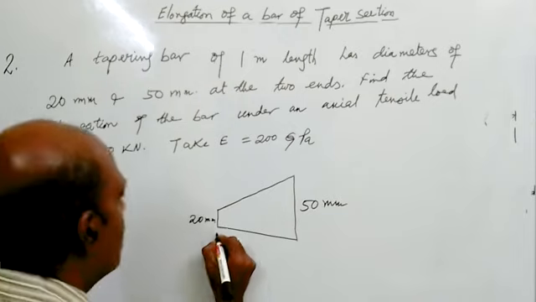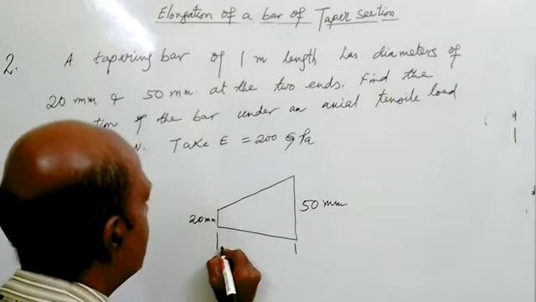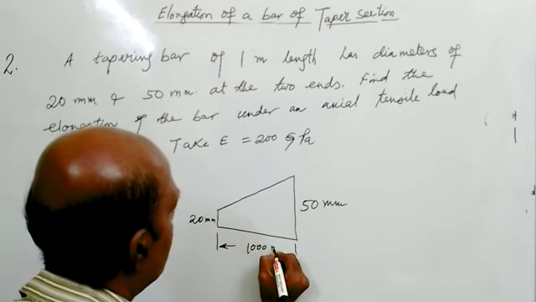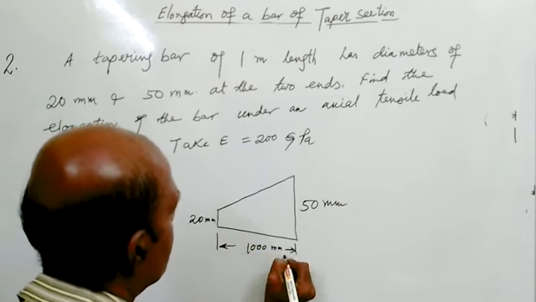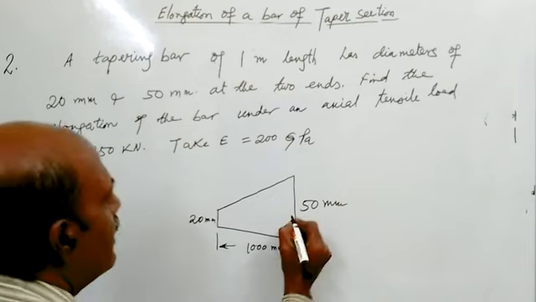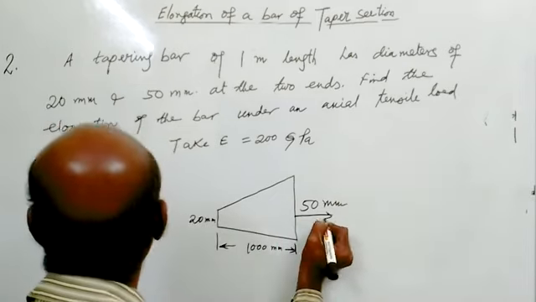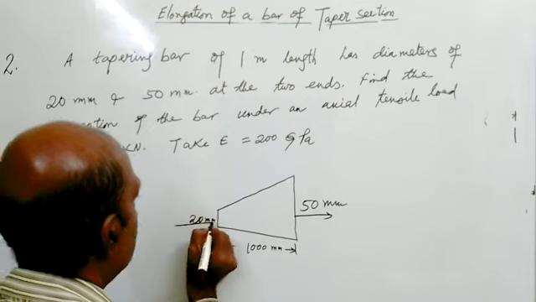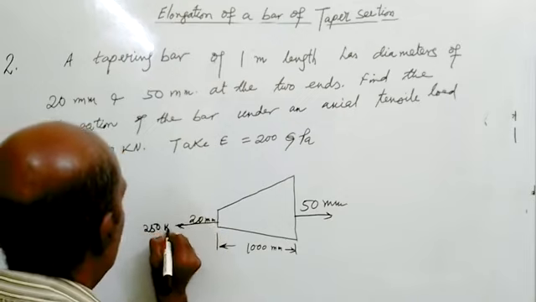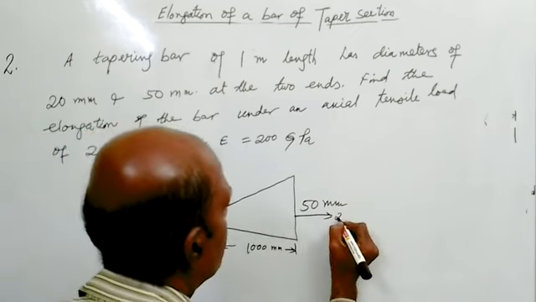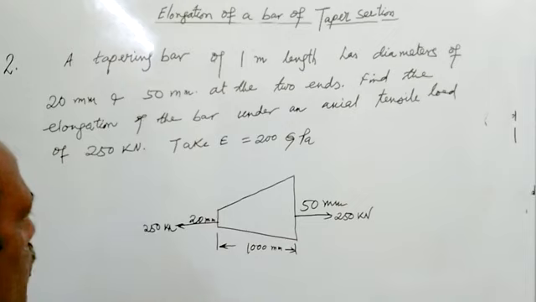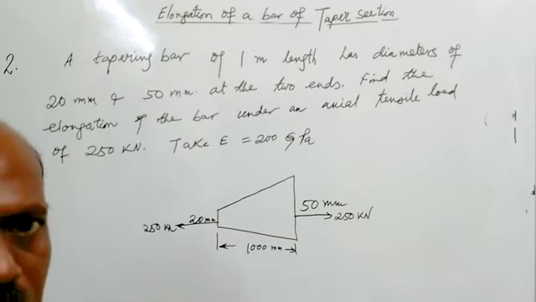The length is 1 meter, or we can write it as 1000 millimeter. The bar is under a load of 250 kilonewton.